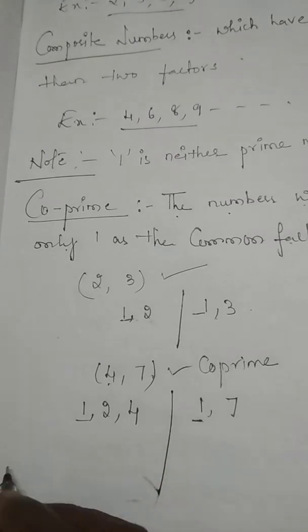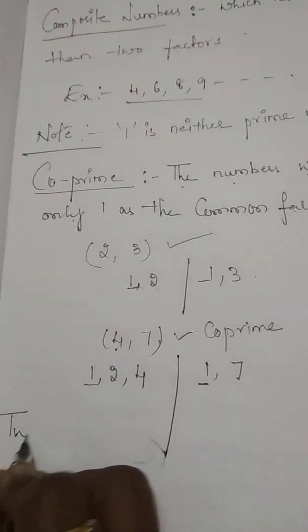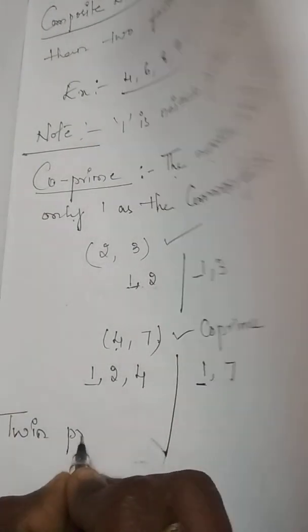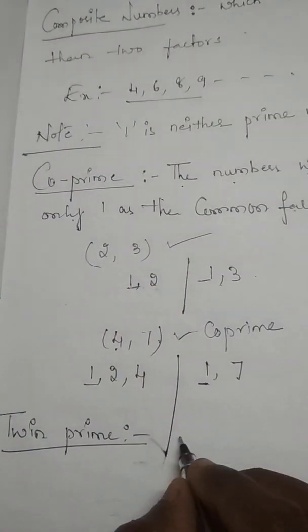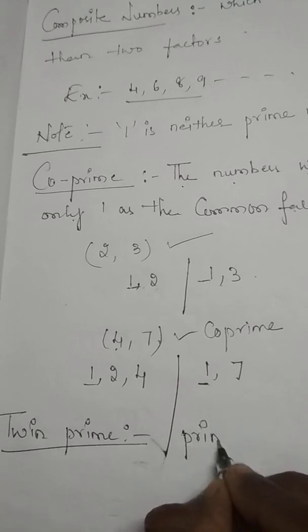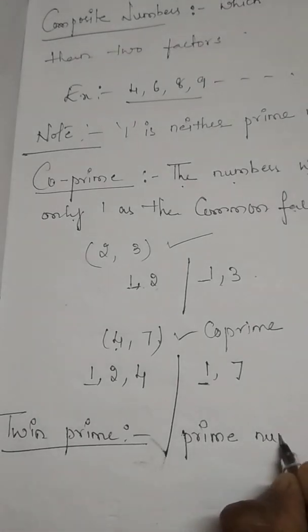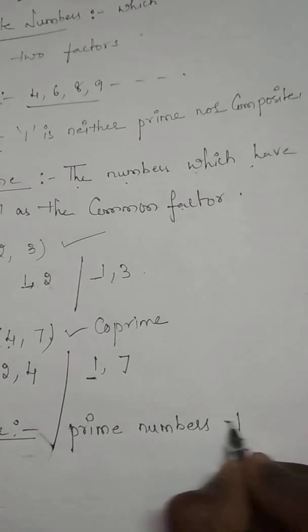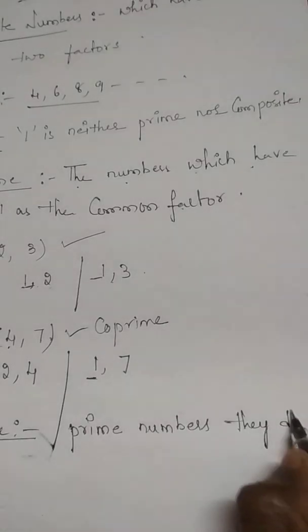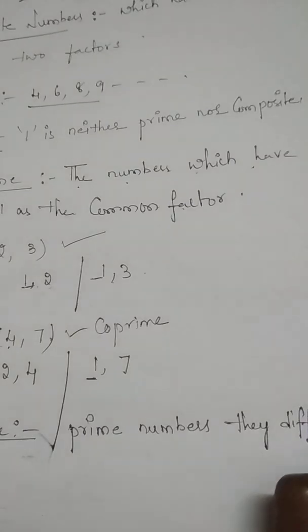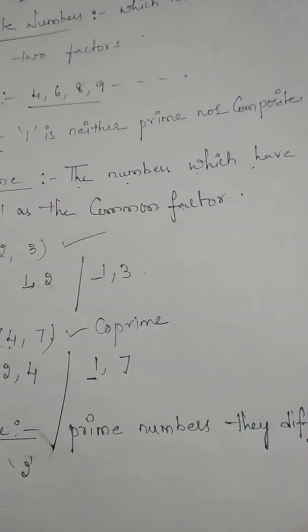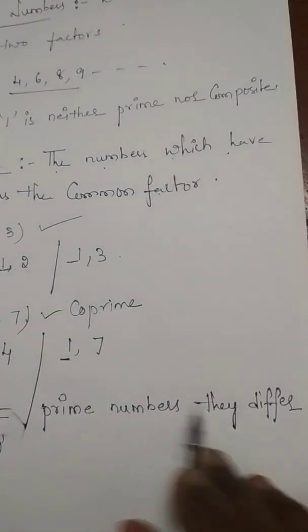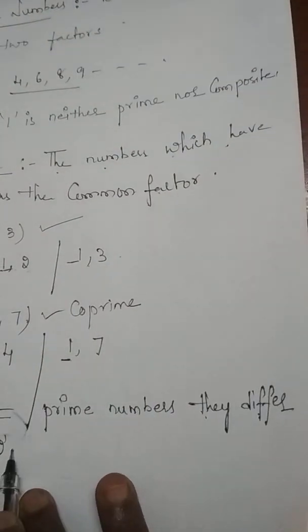Next, twin primes. Twin primes are prime numbers which differ by 2. It means you have to take only prime numbers and they should have a difference of 2.